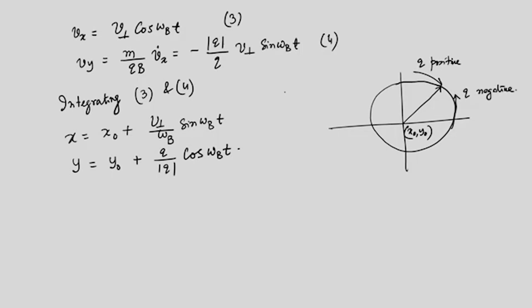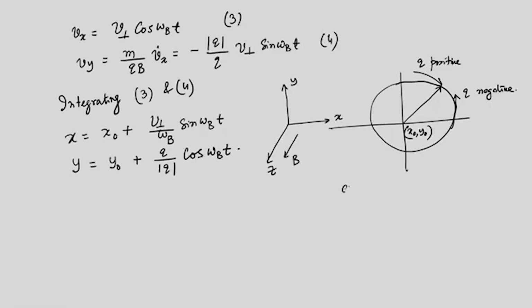If you want to know the axes, because this is very important: this is the x, this is the y, and this is z, and this is the direction of B. So B is in the z direction, and this is the planar motion.